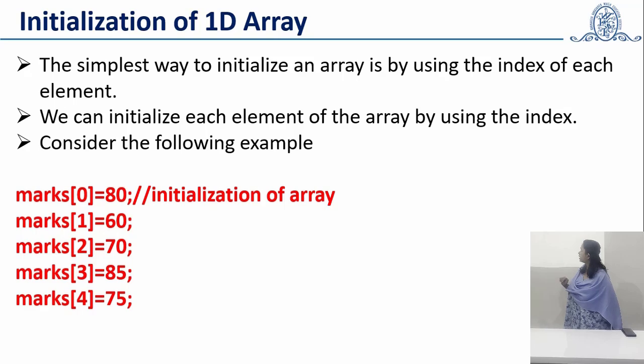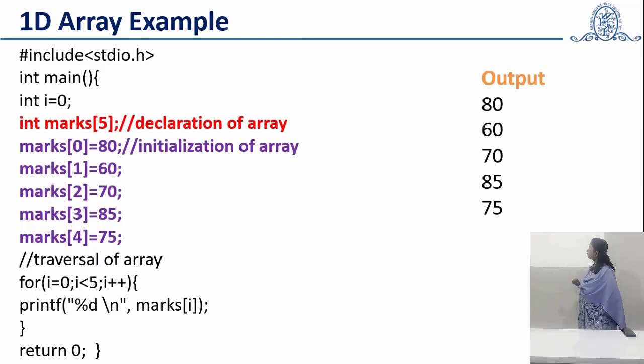We have already seen the different ways in which we can declare and initialize our array. Now let us see one example. When we write the program, we first have to declare the array. In our example we are storing the marks of 5 students, so I have declared int marks[5]. Later, as in the earlier slide, I initialize the different elements of the array, and to go through each element I use a for loop.